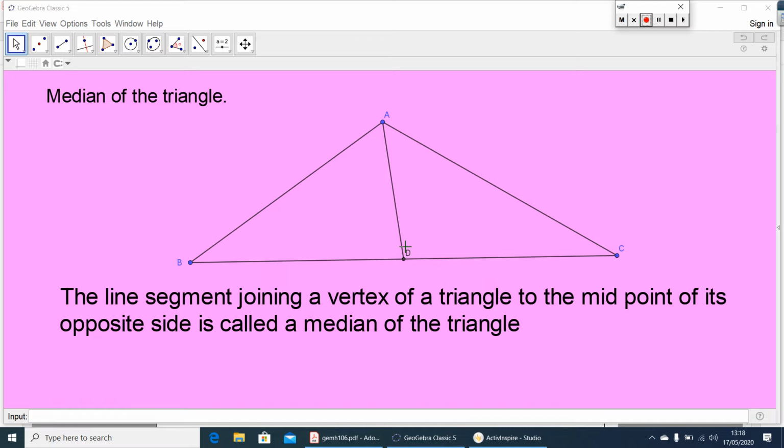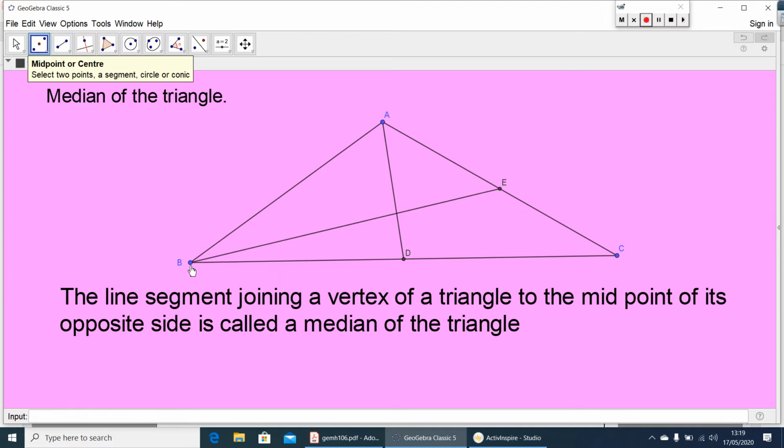Now how many medians can you draw? Take another side AC and find out its midpoint, then join it from its opposite vertex B to E. So BE is another median.